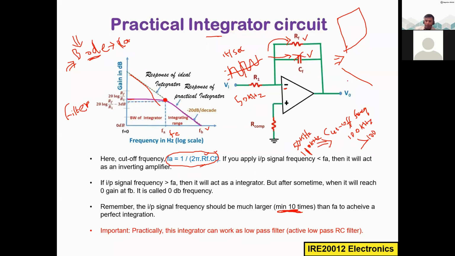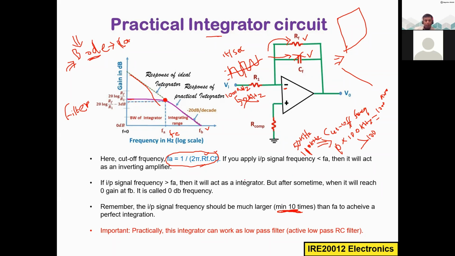If I really want a perfect integration, a perfect slope, then I should apply an input signal frequency 10 times the cutoff frequency. So 10 multiplied by 100 kilohertz is 1000 kilohertz. If I apply this 1000 kilohertz at the input, then this circuit will work perfectly as an integrator.